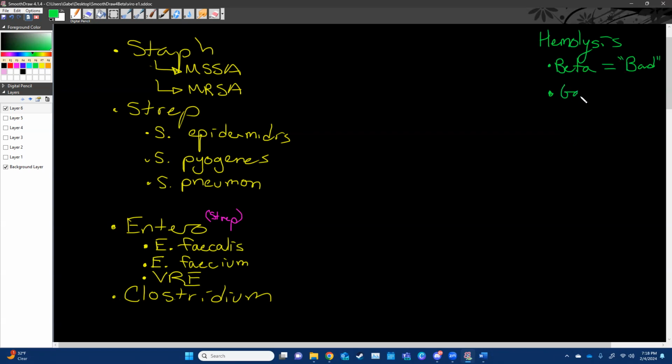Gamma. And then we have 50%, and then we have alpha. Very nice.